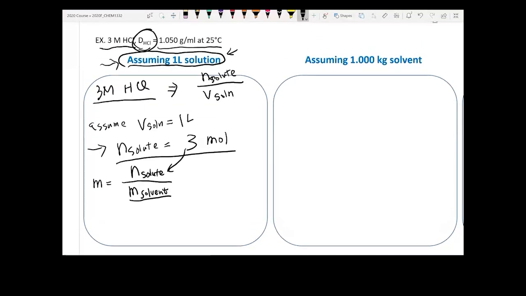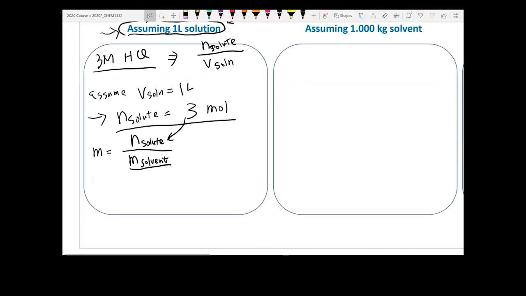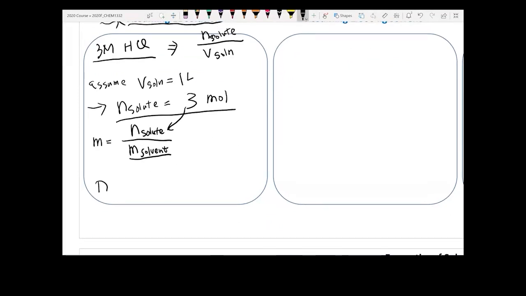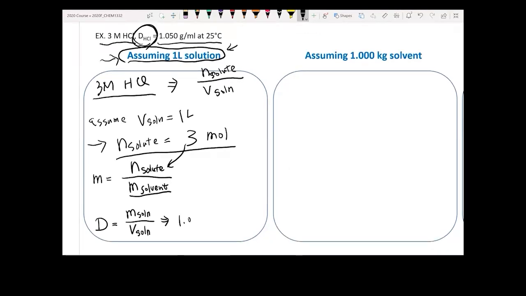You can see that the question provides the density, right? Let's say the density of your solution is 1.05. The density of the solution is equal to the mass of your solution divided by the volume of your solution. From the question, your density is 1.050 gram per mL.